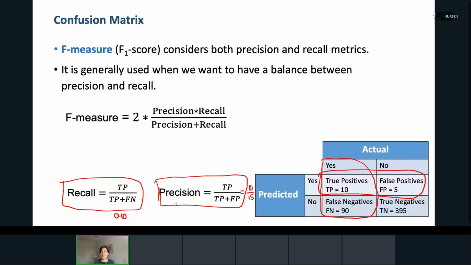Generally, when we increase recall, precision drops. So there is a trade-off between precision and recall. When we have a higher recall, we make more positive predictions. And when we make more positive predictions, there's a higher chance we can make errors, false positive errors. That's the reason there is this trade-off between recall and precision.